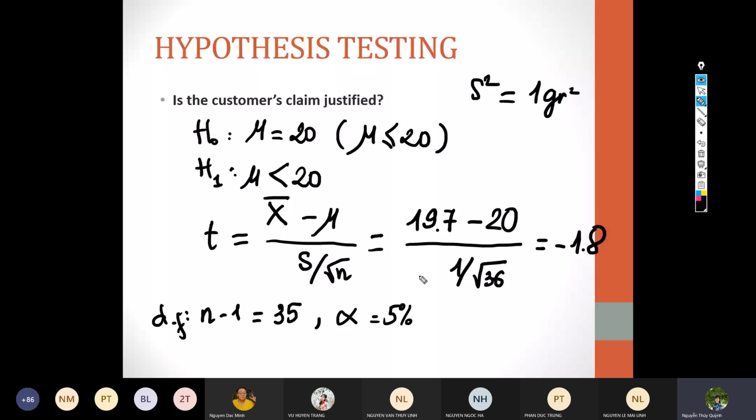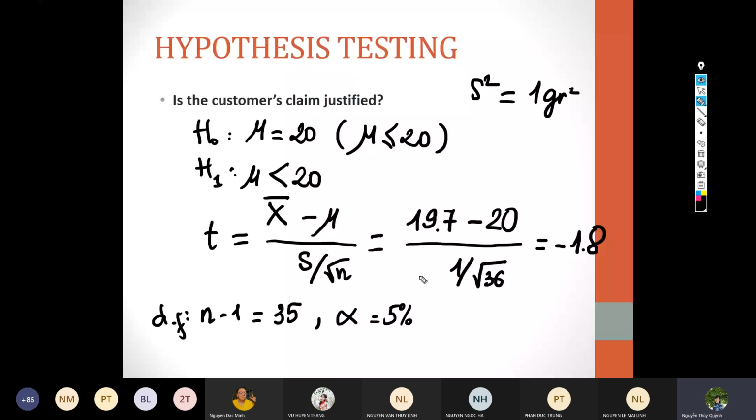Can you look up the value in the table? What is it? 1.6896.